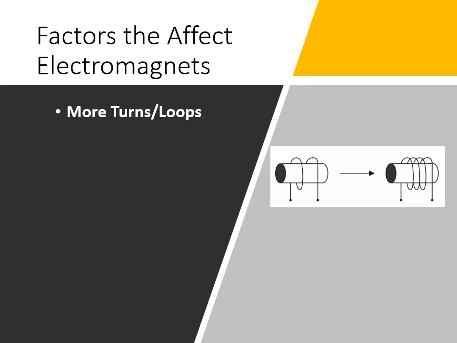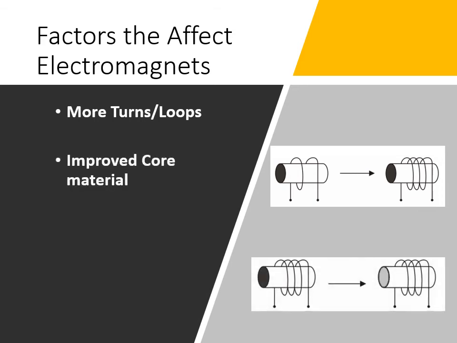More magnetic fields because of more wires is going to give me a larger magnetic field. If I can improve the core material by giving it a highly permeable path that likes to set up lines of force or magnetic lines of flux, then I can concentrate those lines of flux, making them much more effective.